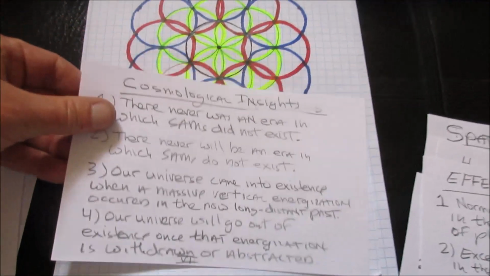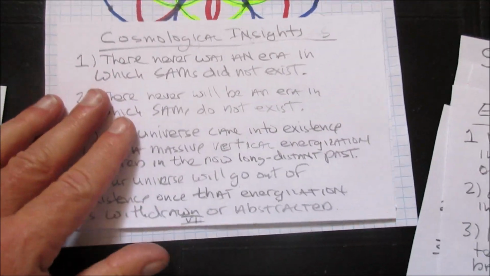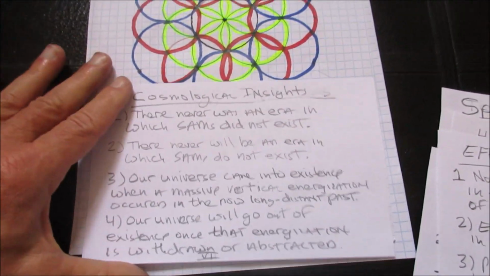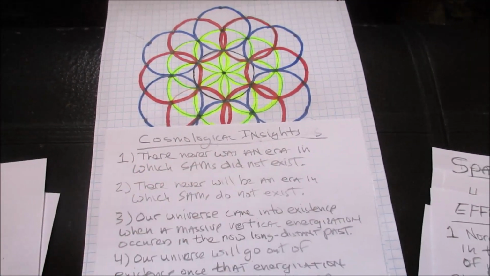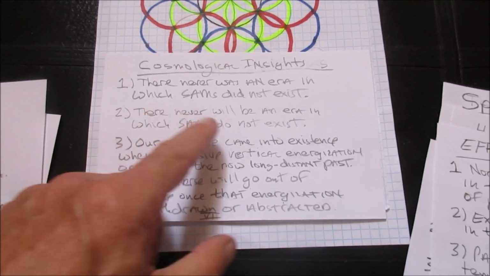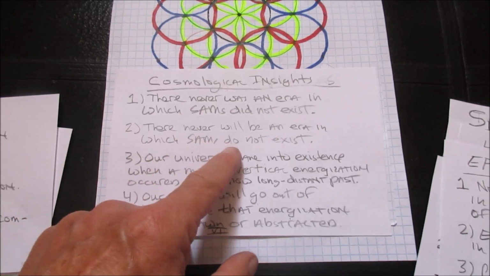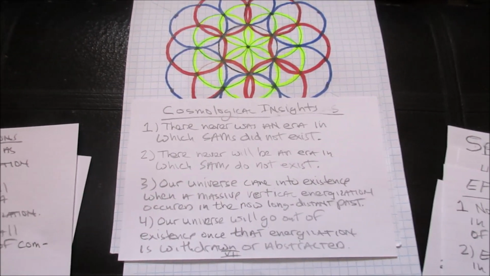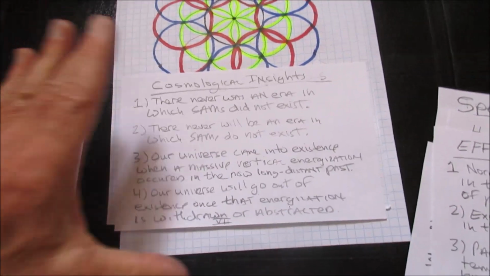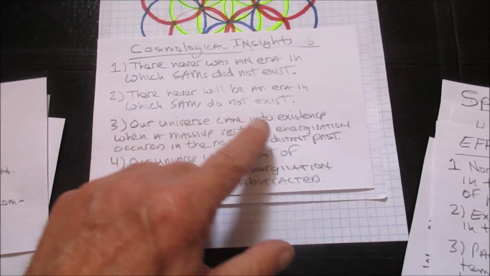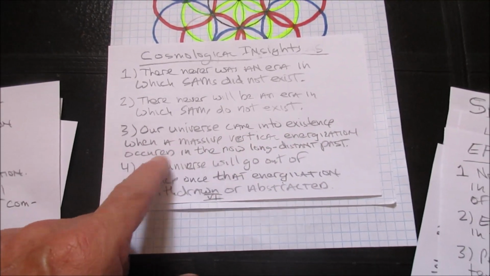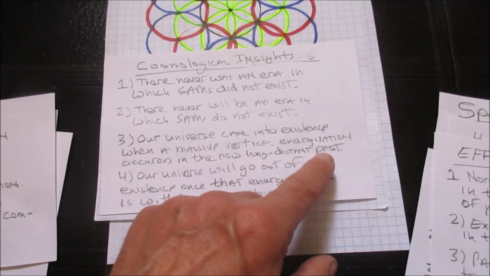Let's have some cosmological insights. There never was an era in which SAMs did not exist. Okay, we posited that. There never will be an era in which SAMs do not exist. We're positing that. There's no way of proving this one way or another. We're just using them as baseline assumptions. Our universe came into existence when a massive vertical energization occurred in the now long distant past.